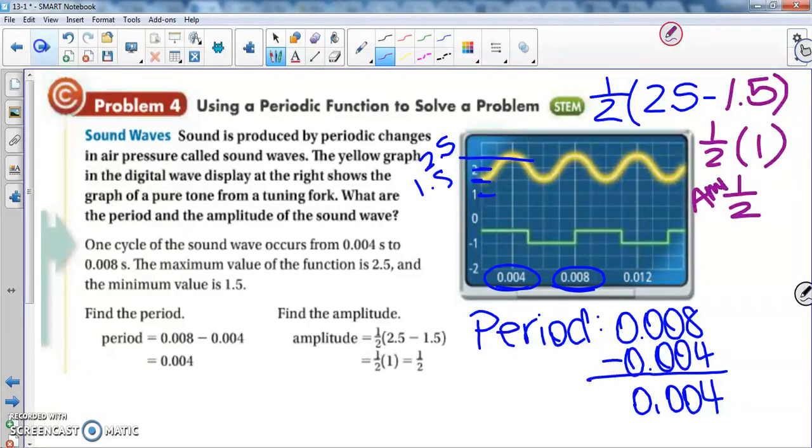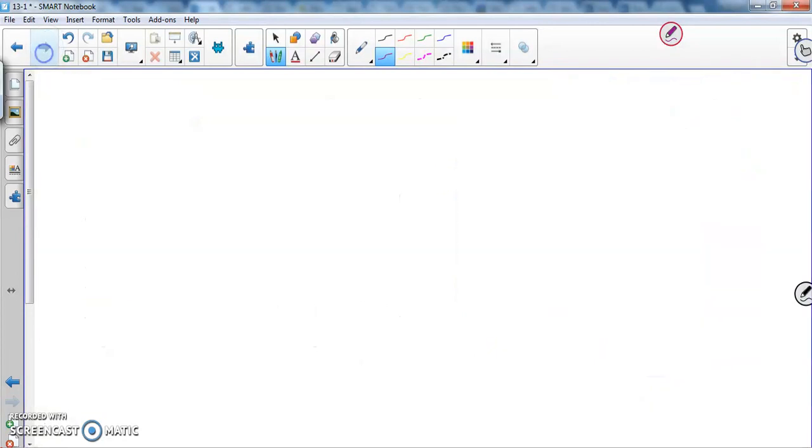So our amplitude is 1/2. That's all it asks us for. So to find the amplitude and the period, we just use the formulas that we were given before. That's all.